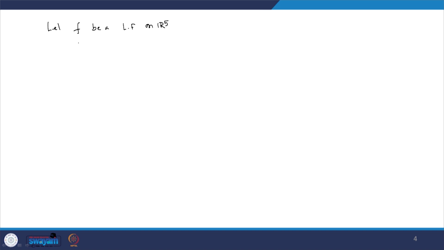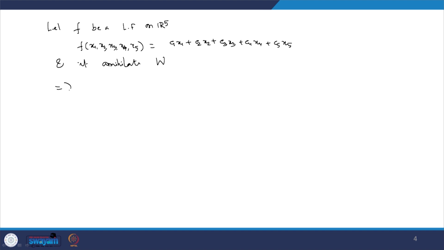Let me define f of x1, x2, x3, x4 and x5 equal to C1 x1 plus C2 x2 plus C3 x3 plus C4 x4 plus C5 x5, and it annihilates W. So, this implies f of beta 1 equal to 0, f of beta 2 equal to 0, f of beta 3 must be equal to 0.